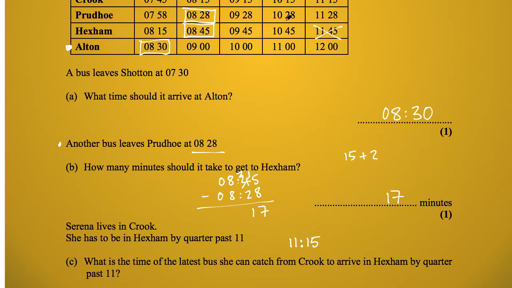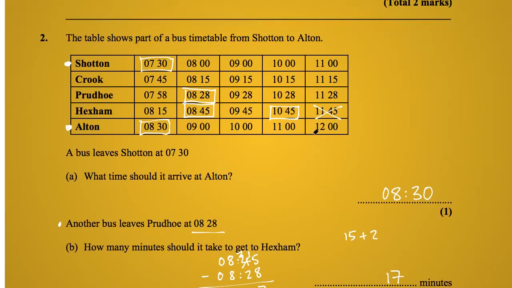That's after 11:15. So she needs to get there on the 10:45 bus. The latest bus from Crook is the one at 10:15, which will get her there at 10:45. The next bus would get her there at 11:45, which is too late. So it's 10:15.